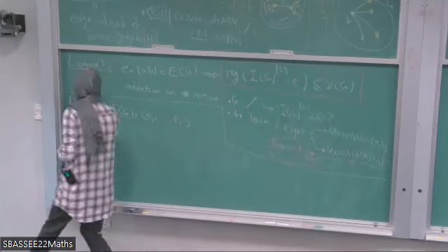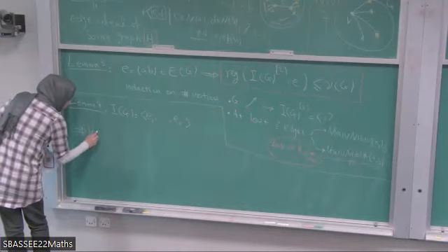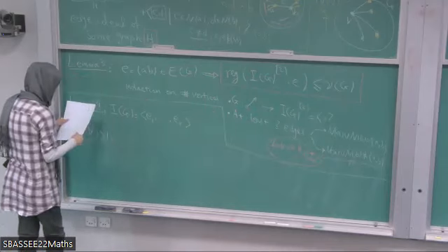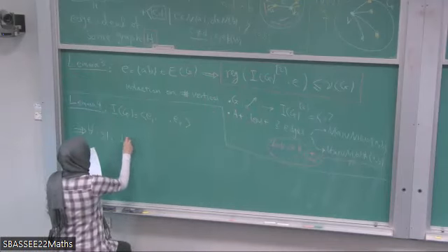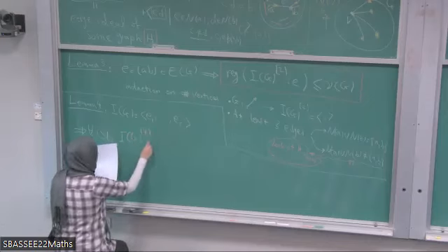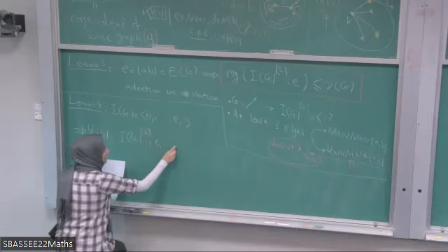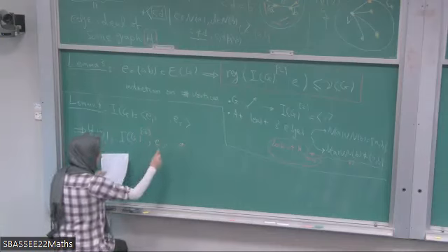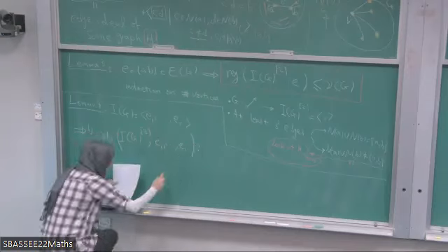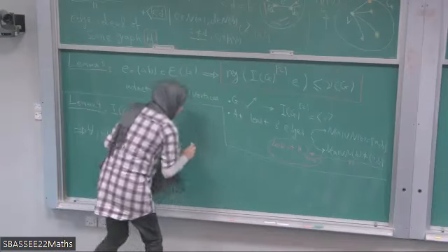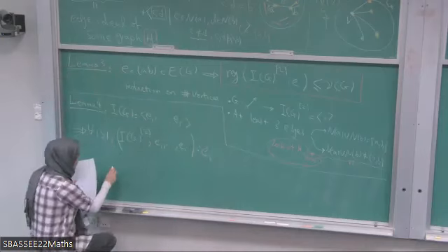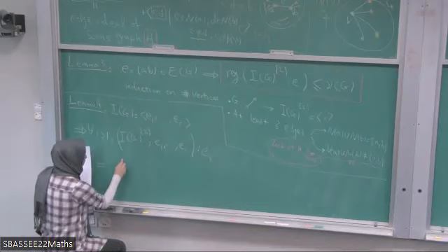Then for any i, we have I(G) squared free, of course, (e1, ..., e_i) colon e_i is... I think it's better to write it here. Okay.